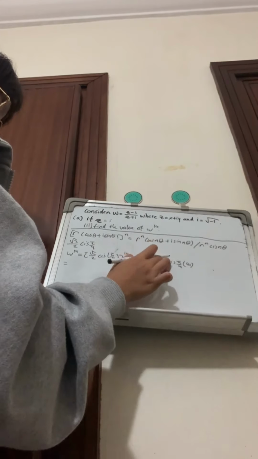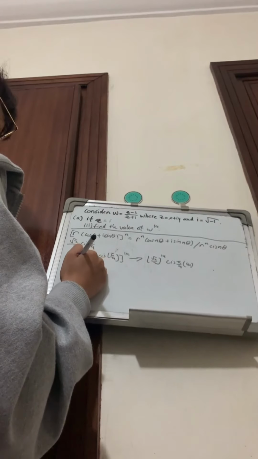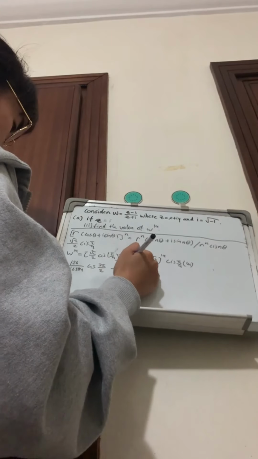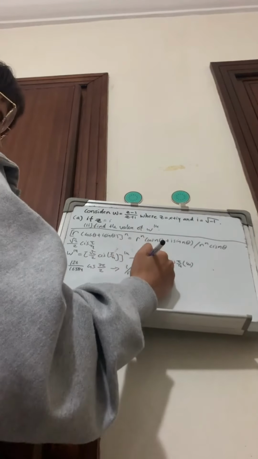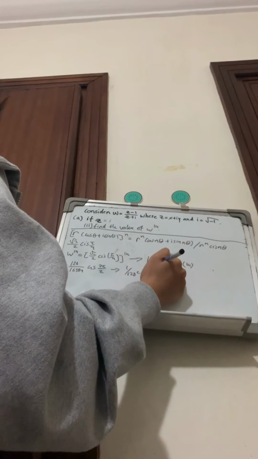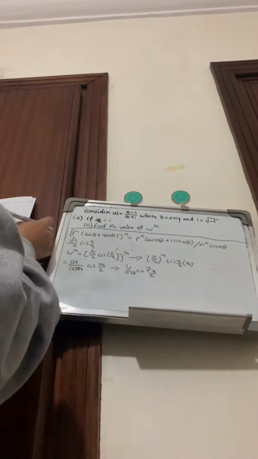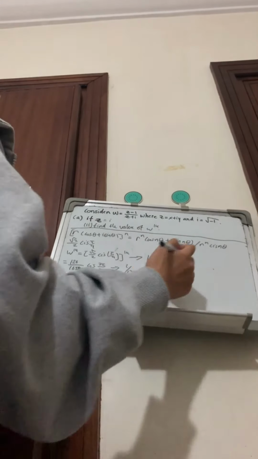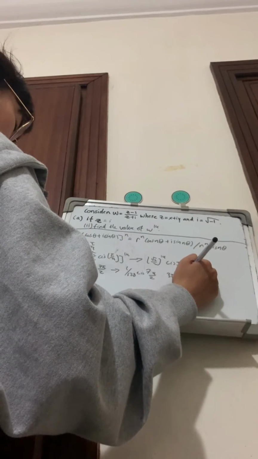This part, just use your GDC. If you simplify, you would have 1 over 128. And just notice how 7 pi over 2 can also be expressed as 3 pi plus pi over 2.